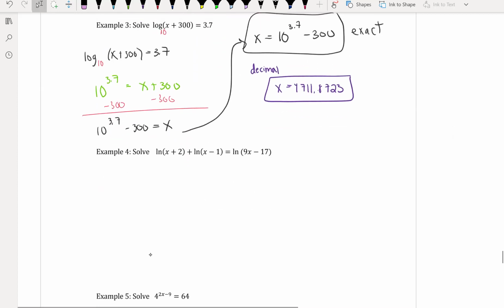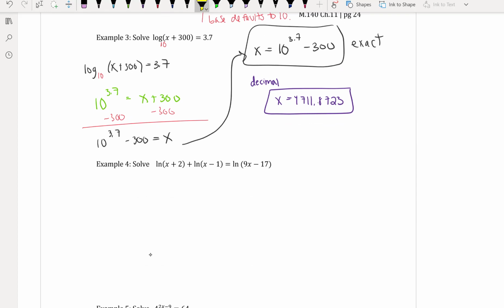For example number 4, it's very similar. Here, because I have the addition, that tells us that we are going to be multiplying those insides together. So we have ln, and it's equal to the ln of 9x minus 17. So this is where the magic happens. This x plus 2 is going to get multiplied by that x minus 1.